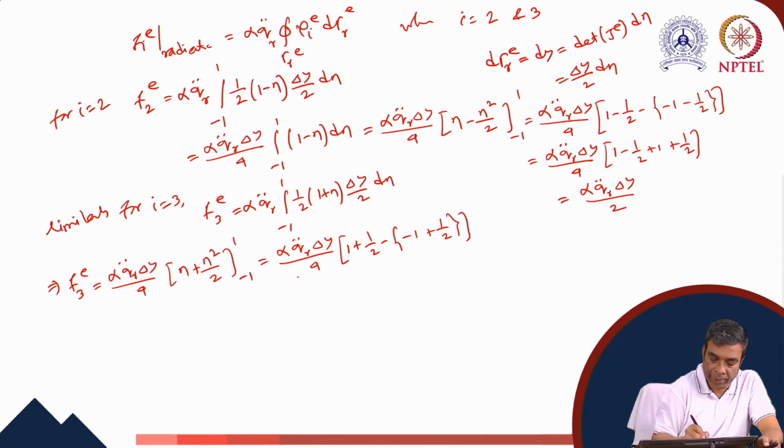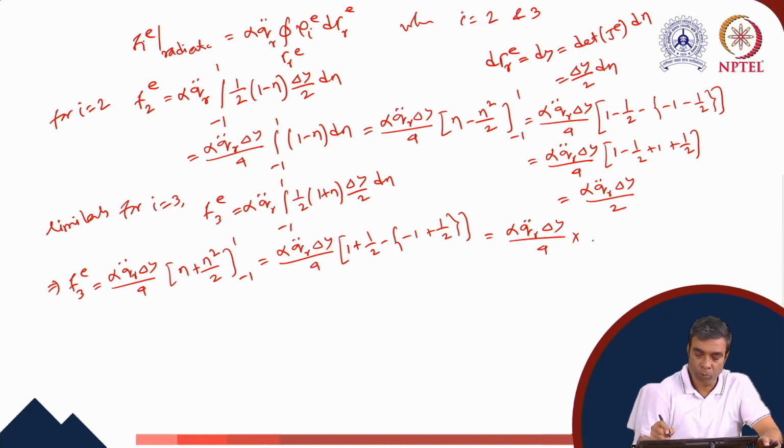So this gives us alpha q_r double dot delta y by 4 times, here 1 plus 1 will be 2, and half and minus half cancel out. So this is alpha q_r double dot delta y by 2.